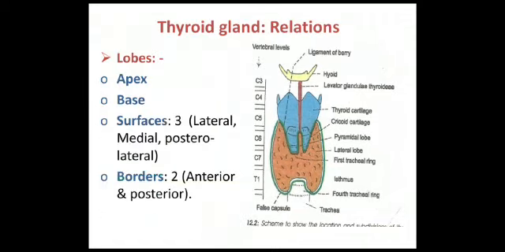The lobes contain an apex, a base, three surfaces, that is lateral surface, medial surface and posterolateral surface. There are two borders, anterior border and posterior border.